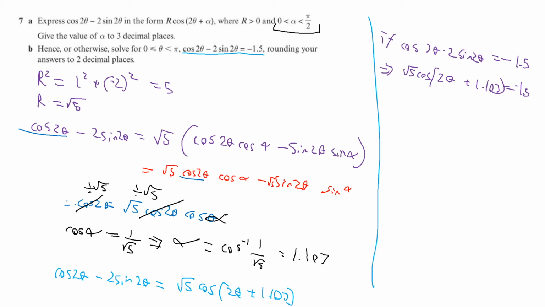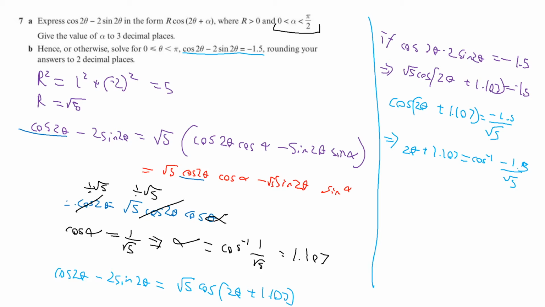So now we can solve this like a trigonometric equation. Cos 2 theta plus 1.107 is going to be negative 1.5 over root 5, which means that 2 theta plus 1.107 is equal to the inverse cos of negative 1.5 over root 5.